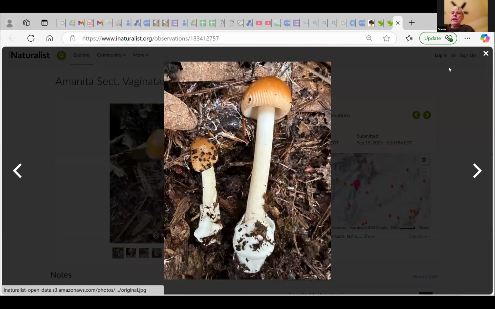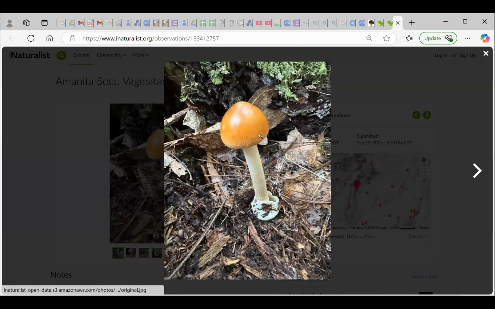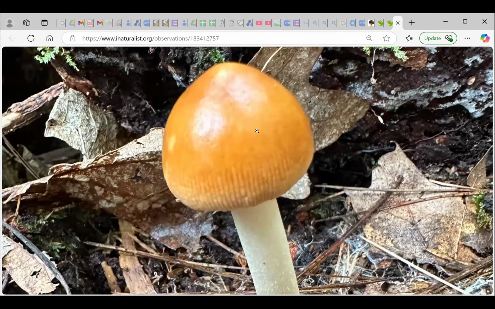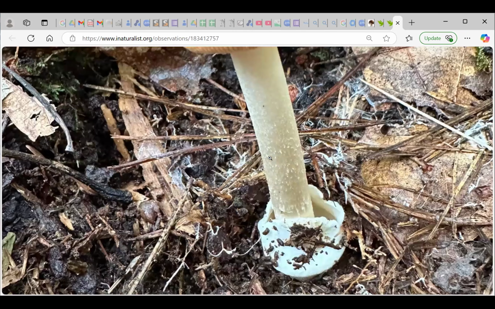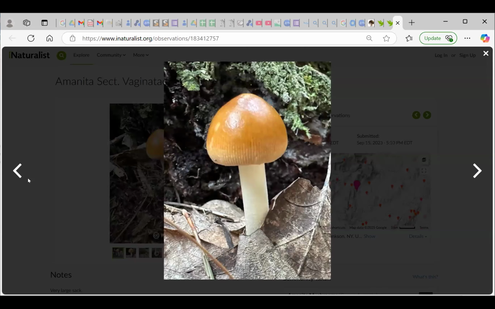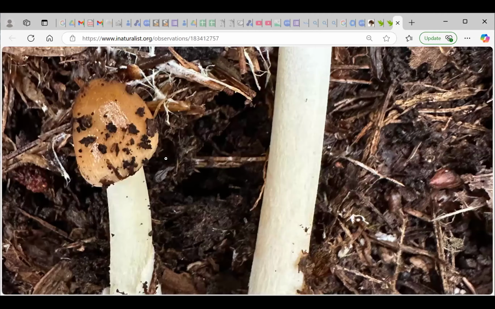Yeah, it's nice to see the striations on that one because I hadn't seen that before. That's a good observation. We see relevant details that allow us to have a good conversation about this observation. Yeah, and even in the young ones, before they open up, that's pretty consistent, right? The striations, even when they're pretty immature. Usually with Vaginatae, you can see the striations early on.